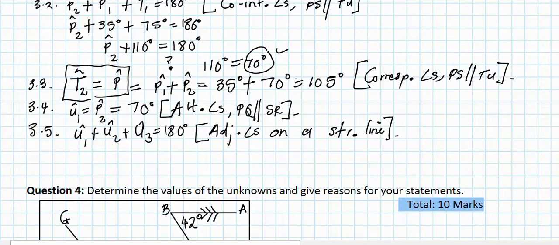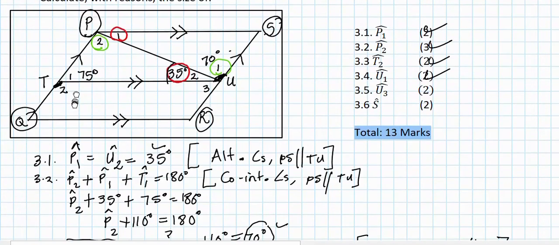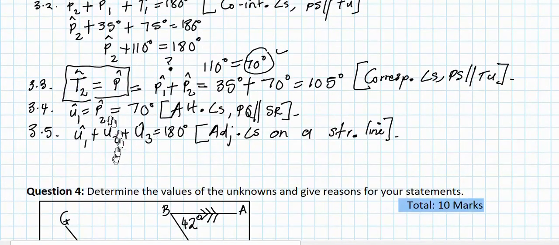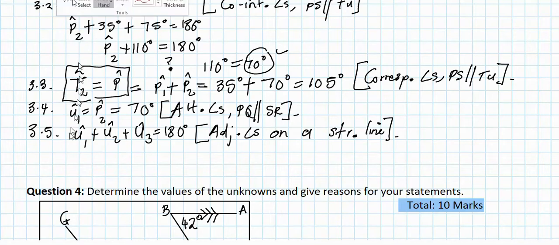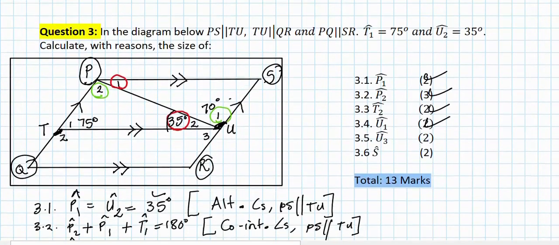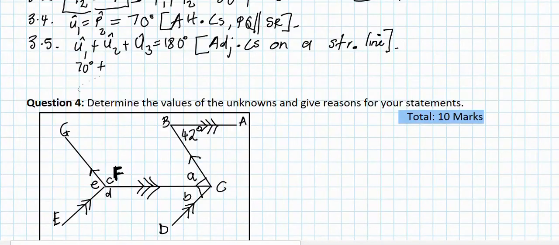Okay, how much is U1? Let's see. U1 is 70, U2 is 35. I'll substitute right here. So U1 is 70, and then U2 is 35 degrees plus U3 is equals to 180 degrees.